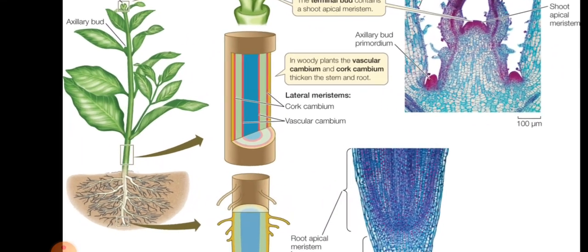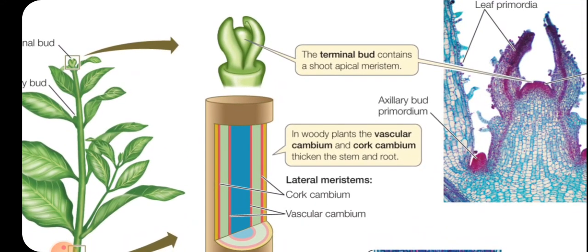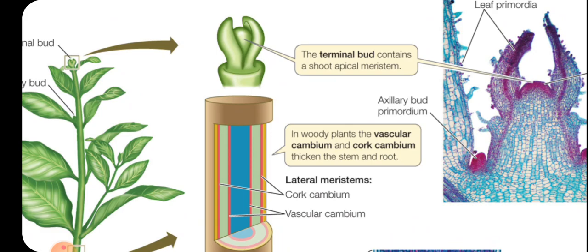So here, what do the meristematic cells mean? The meristematic cells are the cells which have the power of frequent cell division.